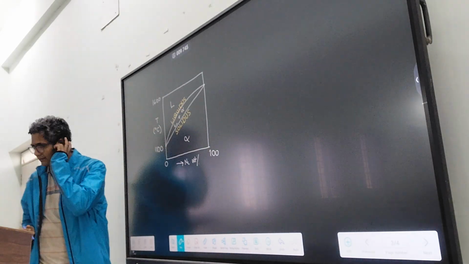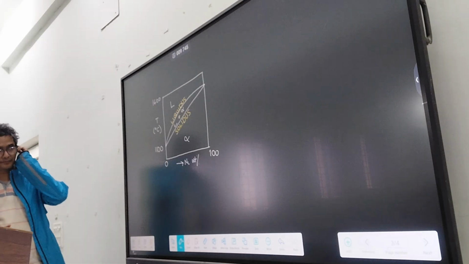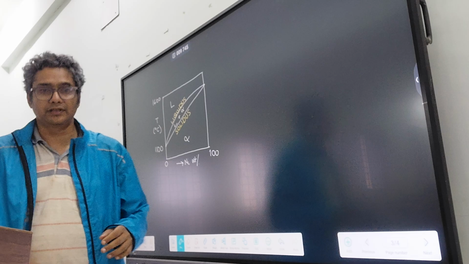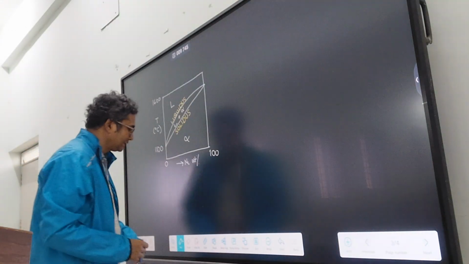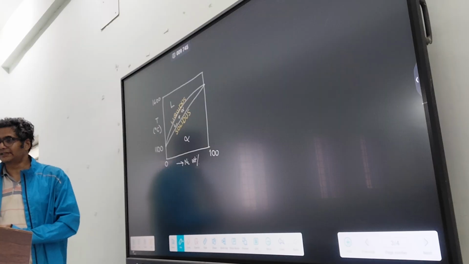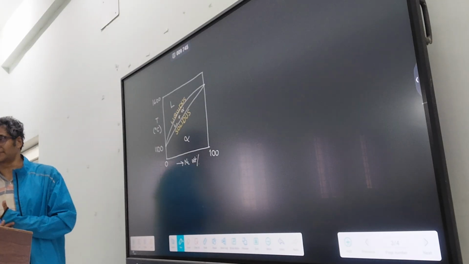This is quite a simple phase diagram of copper and nickel. So basically, copper and nickel completely form a solid solution. They mix 100%.